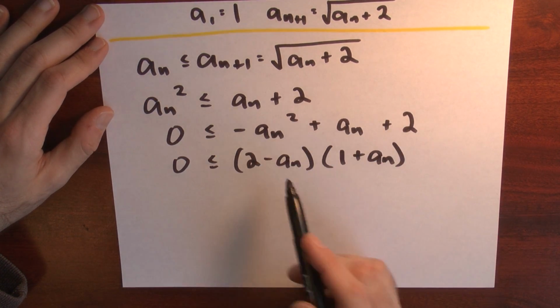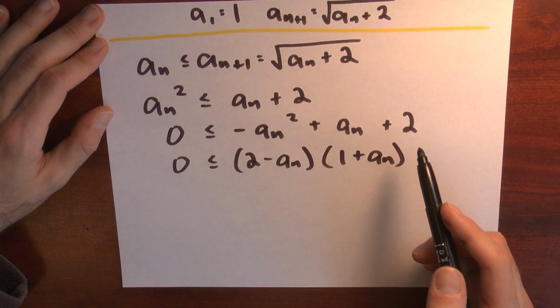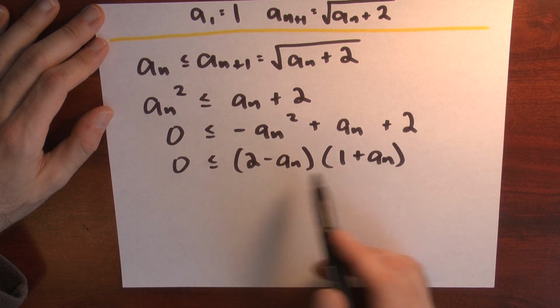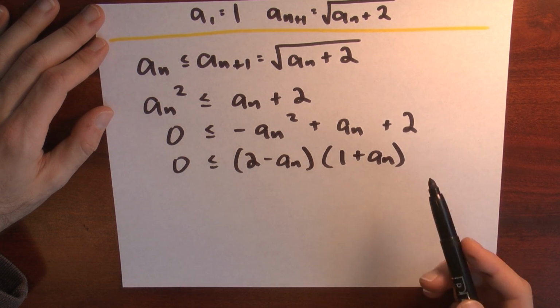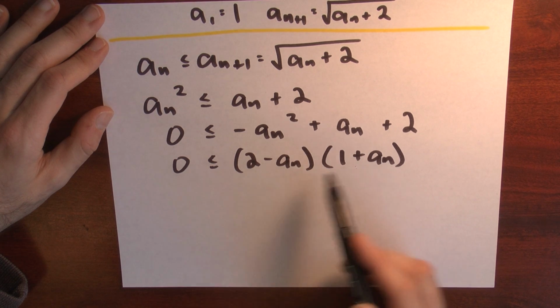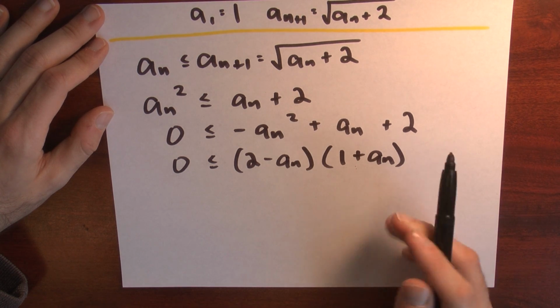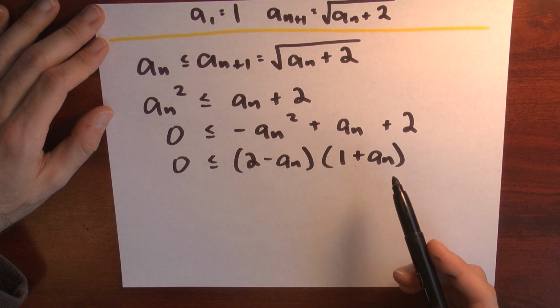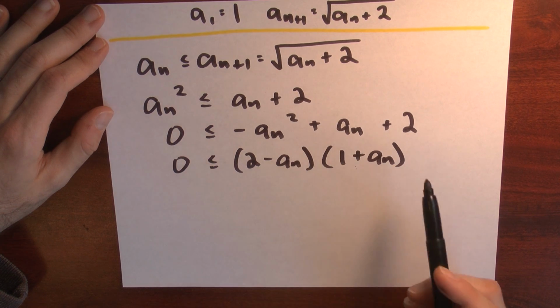So the question is, when is this product non-negative? Well, in order for this product to be non-negative, either one of these is 0, or they're both positive, or they're both negative. It can't happen that both these terms are negative, so the only possibility is that a sub n is 2, or a sub n is minus 1, or both of these terms are positive.